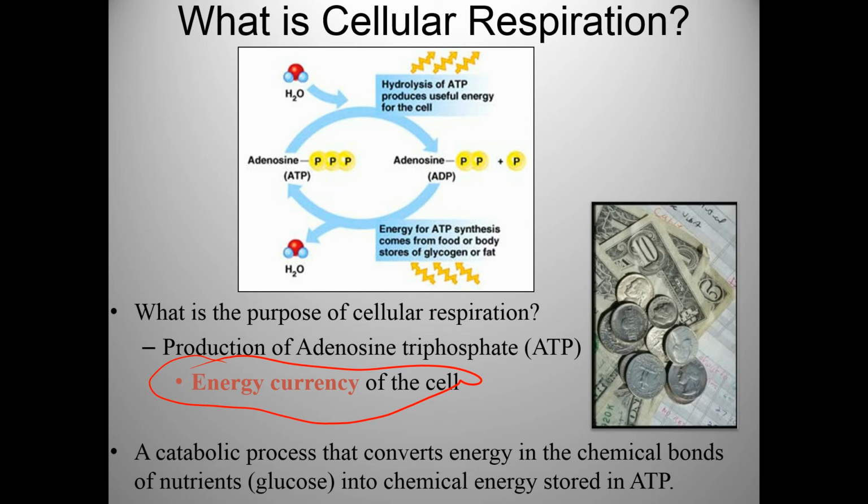And that cost is usually in the form of adenosine triphosphate, or ATP. The hydrolysis of ATP yields a net release of energy that can be used by the cell to drive some biological process.